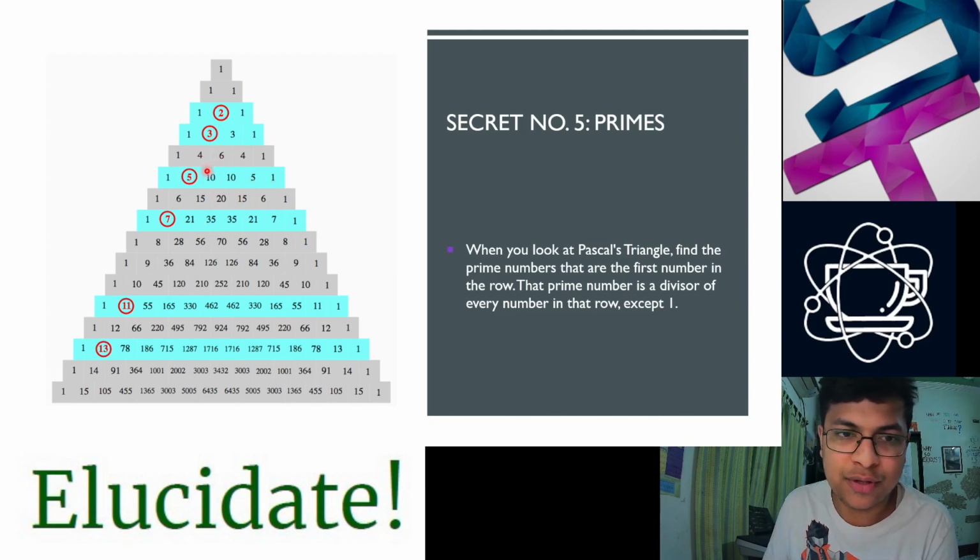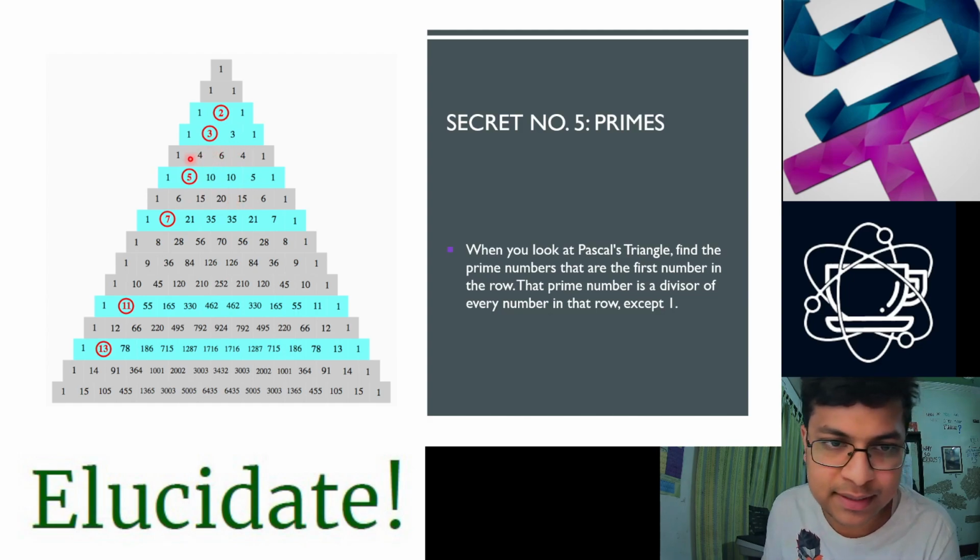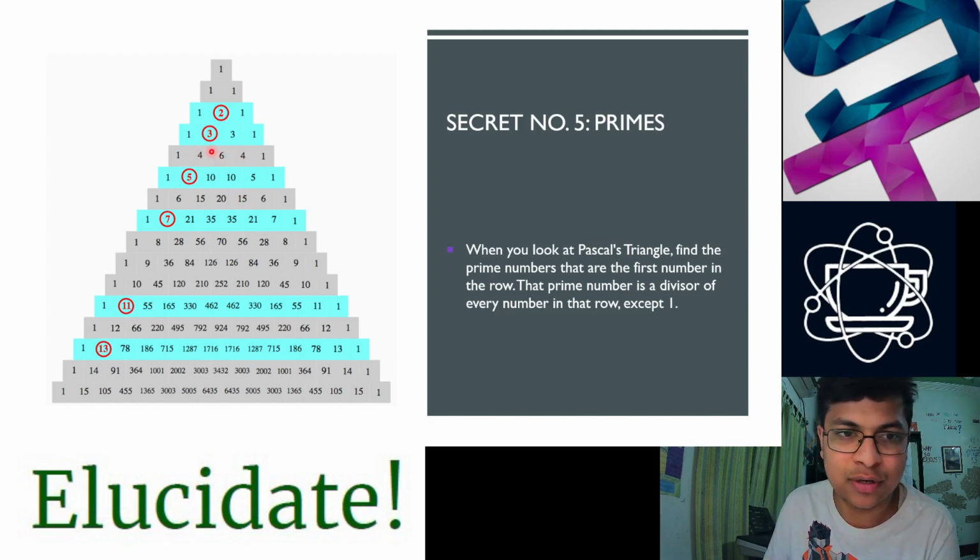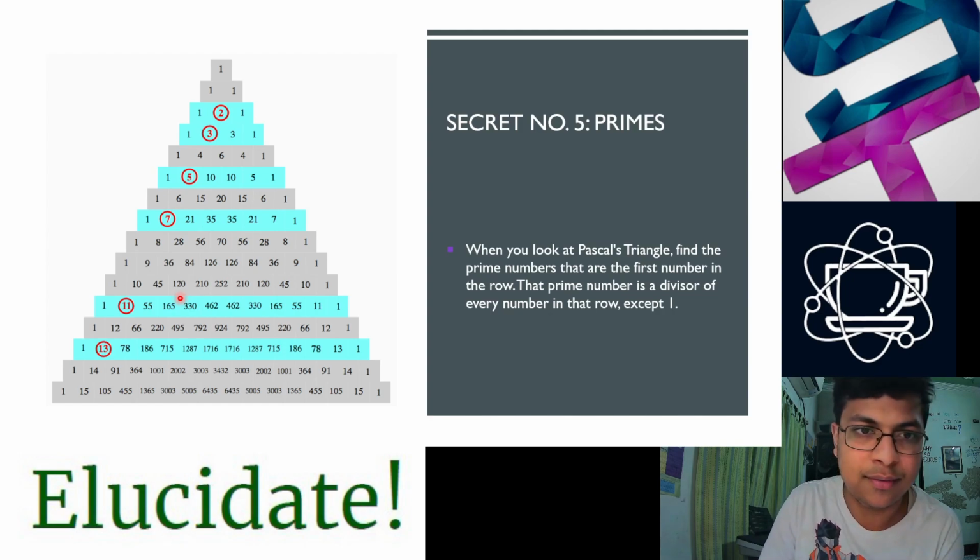But it's not so for composite numbers. Some people think it's the same, but see here, it's 4 6 4. 6 is not a multiple of 4, but it's still in the row of that number. I think it's a great thing to know, but some people don't know. That's why I'm telling these secrets.